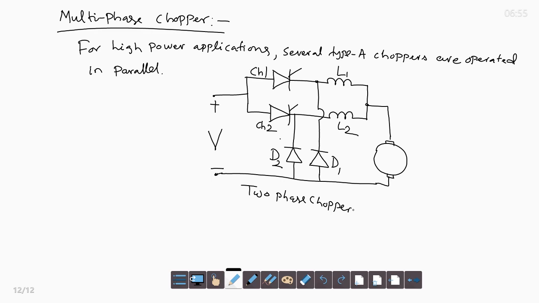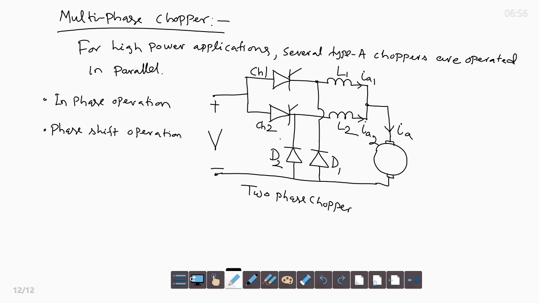Because there are two choppers in parallel, they can share the higher current. This is the total motor current I_A, this is I_A1 current shared by chopper 1, this is the current shared by chopper 2. So higher current can be handled by operating choppers in parallel. There are two modes of operation, in phase operation and phase shift operation.